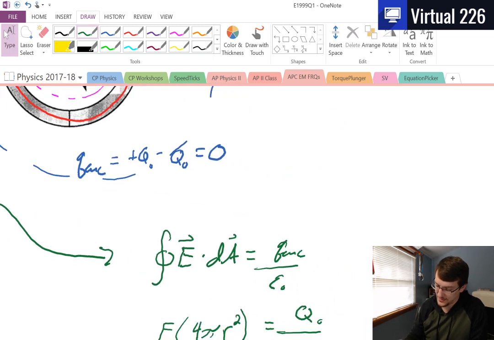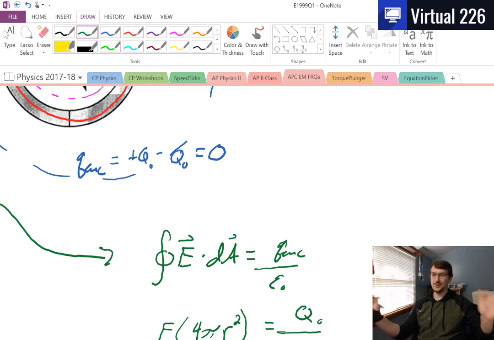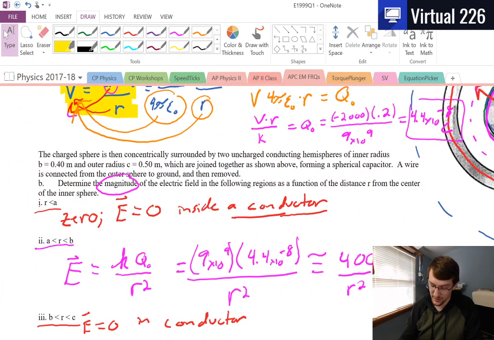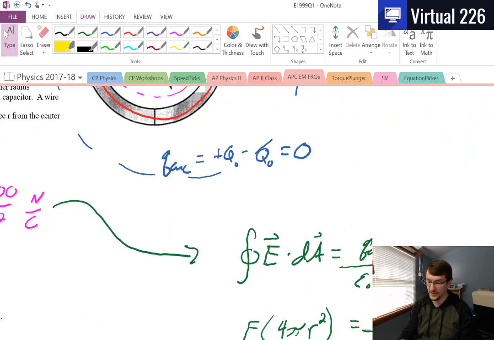All you'd have in this case is that E would equal q naught times 1 over 4 pi epsilon naught, and as we already said, this is just equal to k, and there's an r squared term. So if you want to do this with Gauss's law, you could, way to go, but it acts as a point charge in the end. So if you just recognize that, you could be done with all of part B in about 2 minutes, just saying 0, 0, 0, point charge, all done. So pretty cool thing. If you want to do the Gauss's law, you can do that as well.